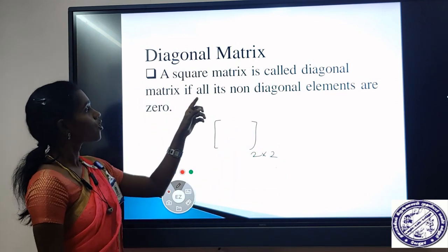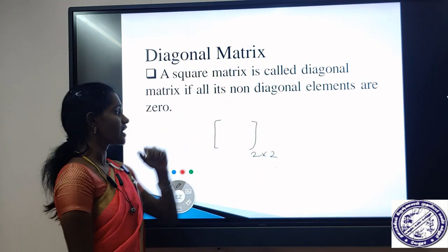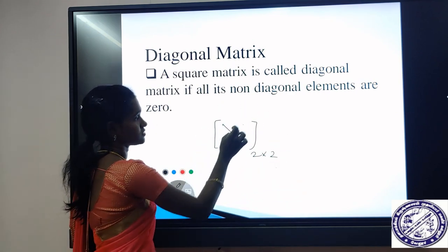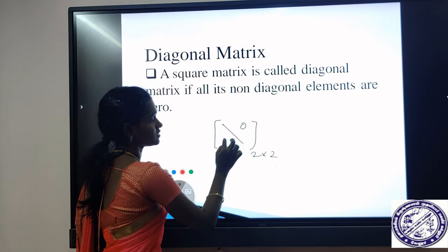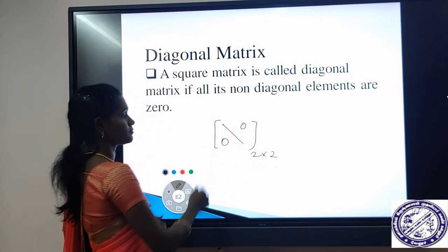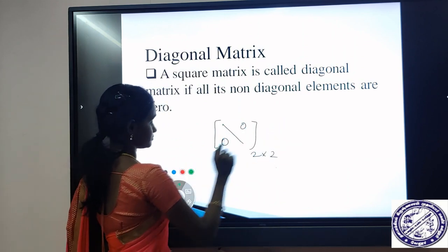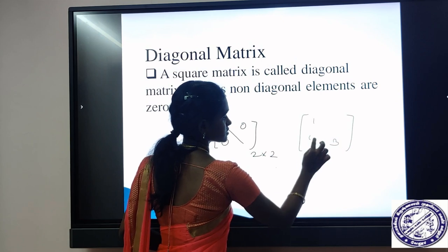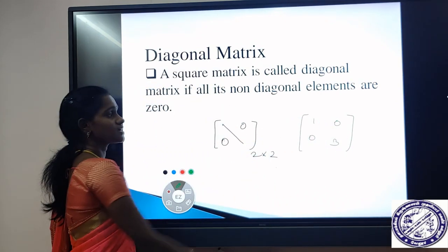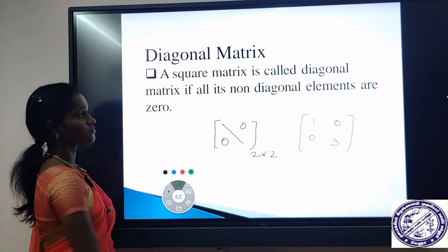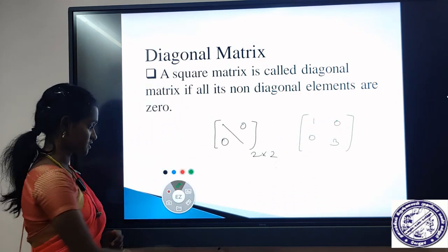Diagonal means this is the diagonal, non-diagonal elements means these. So here we have 0 and in the diagonal places we have a number. For example, I am writing 1, 3 and 0, 0. Here we have the diagonal values and the other values are 0. This is one example of a diagonal matrix.